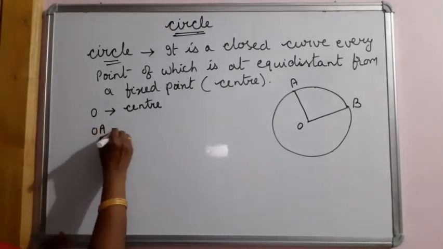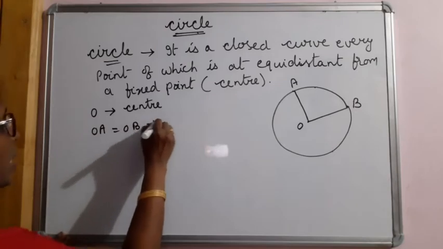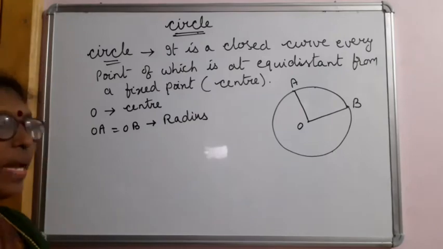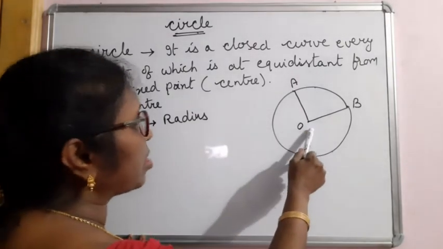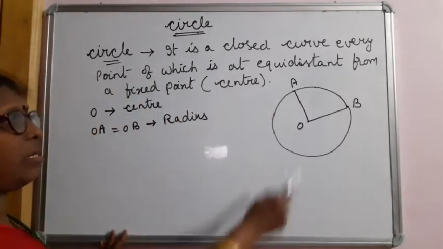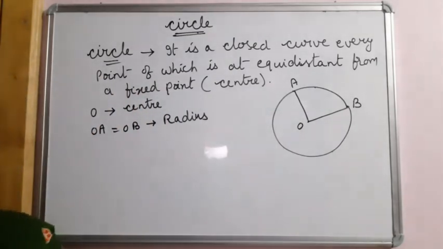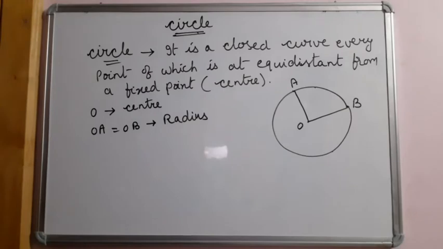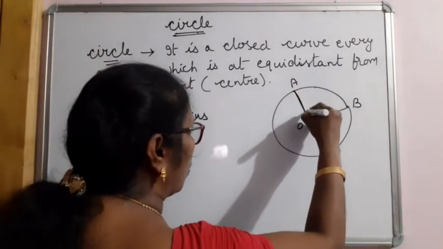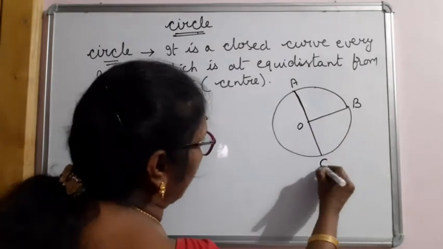So OA is equal to OB, that is said to be the radius of the circle. That means the distance or the length of any point of the circle from this fixed point is called the radius of the circle.